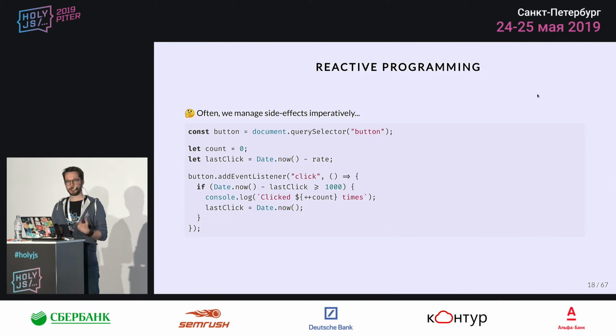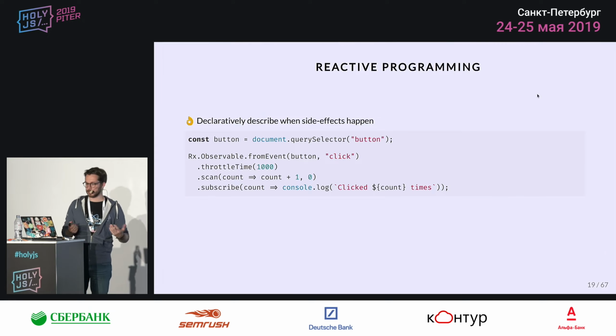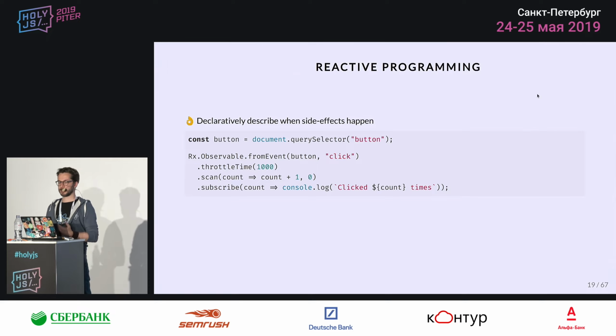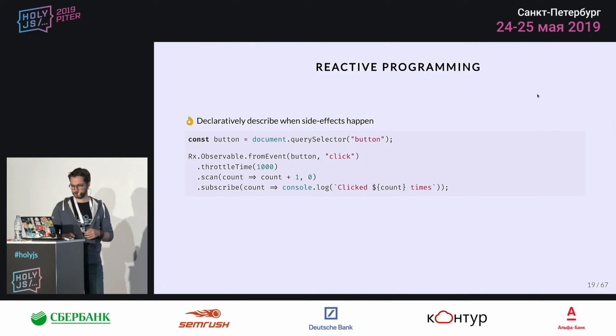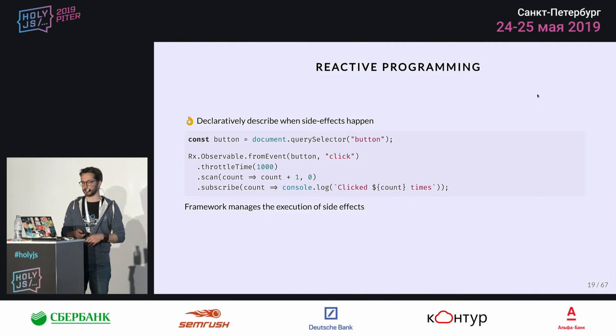Reactive programming paradigms allow us to organize it better. For example, with RX, we could describe it differently, where we have a declarative notion of throttling and counting. There's still a side effect, it's just confined in a much smaller place. That allows us to better control it, and the rest of the code is way more pure than it was before.